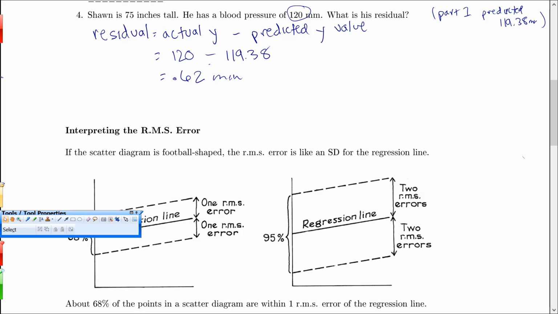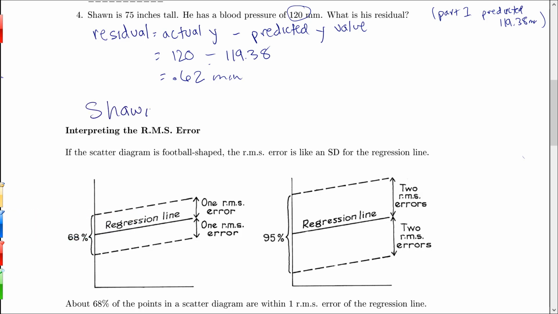So we could say something like Sean is 0.62 millimeters above the line or above the prediction. So he's one of the people that's above the line. So again, residual or your error is just your actual Y value minus the predicted Y value. So in his case, he was 0.62 millimeters above the line.